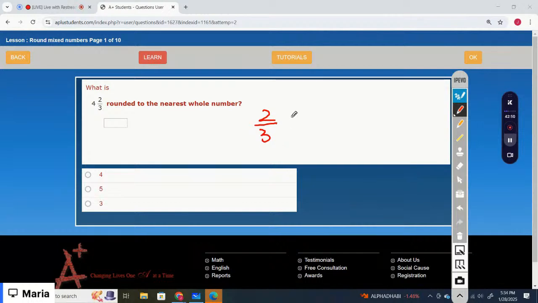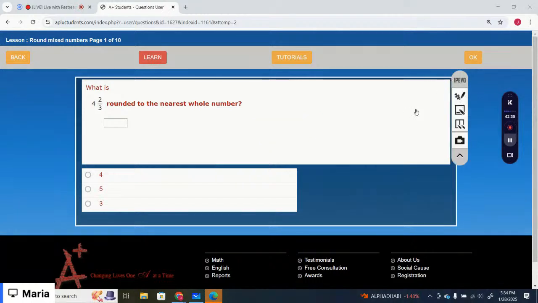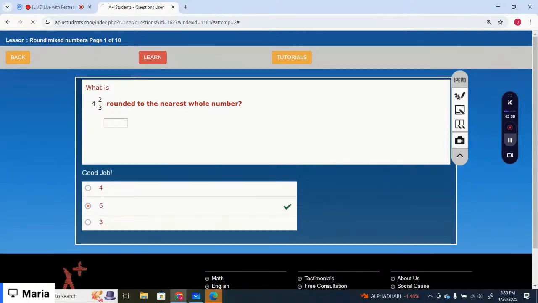That is greater than 1 by 2, so you need to round up, add 1 to the whole number. So it would be rounded off to 5. The correct option is 5 because the fractional part is greater than half.